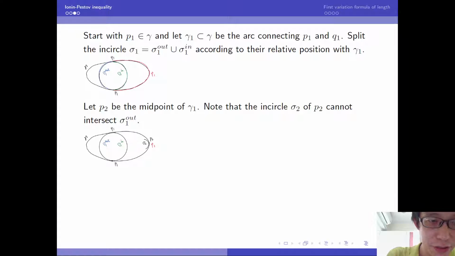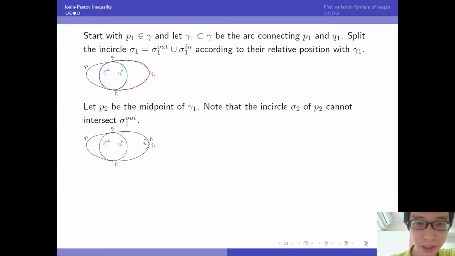Then from the picture you can see that it must intersect sigma 1 in twice, from the upper arc and the lower arc. And therefore, sigma 2 will intersect the incircle sigma 1 in at least 3 points. And this is impossible because two distinct circles cannot intersect in more than 2 points. This is because 3 points determine a unique circle.